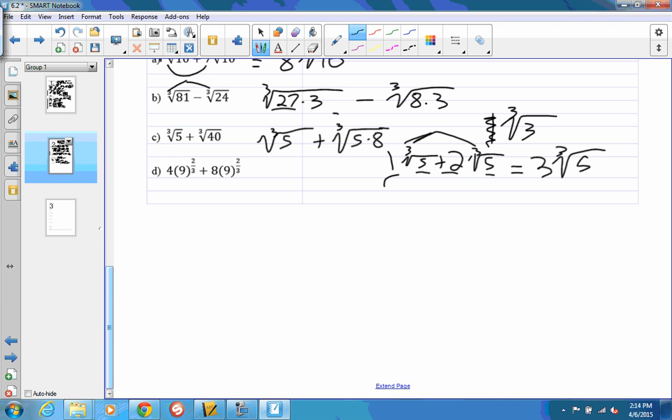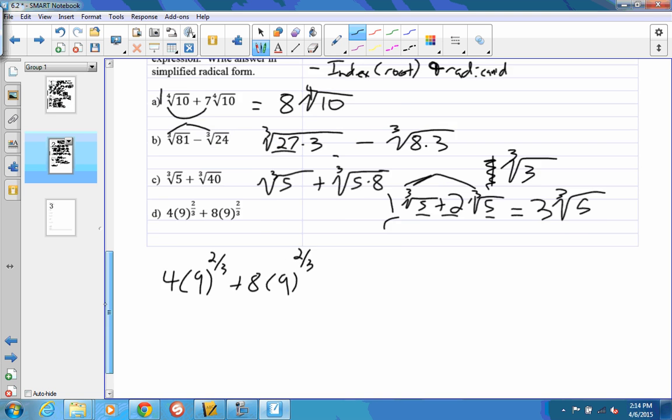This last one's super fun. This one's not written in radicals, it's written in rational exponents, right? Okay, so go back to this first problem.